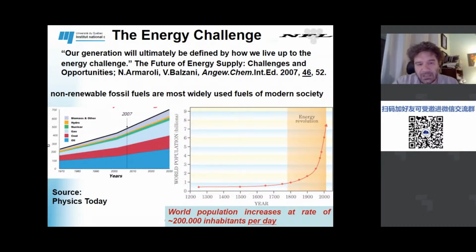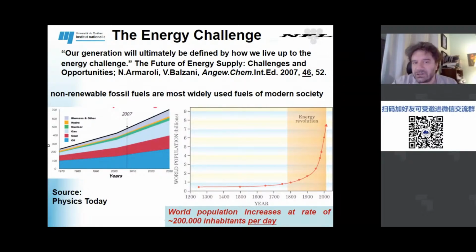Now, this is the troublesome aspect of the kinds of sources of energy we use, and how we face a huge challenge in increasing renewables as opposed to fossil fuels, which of course are a finite resource, and they're highly polluting and therefore responsible for climate change.